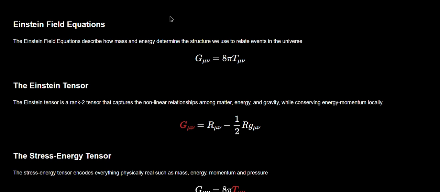These are the Einstein field equations. When I first learned about relativity, the thing that was so pronounced to me was the nonlinearity of relativity and how that comes from the constancy of the speed of light.